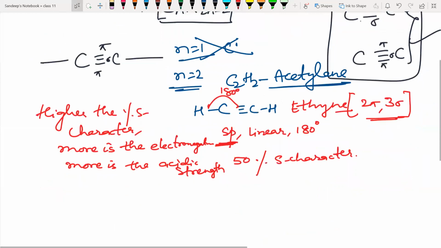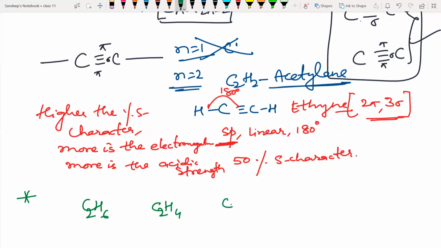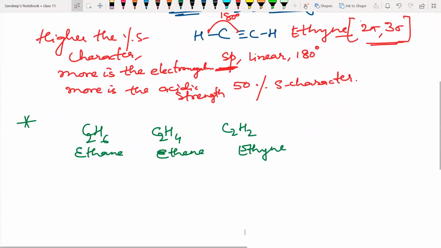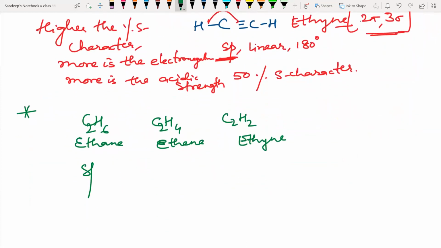Now also keep in mind, this is important for your exam student. C2H6 is ethane, C2H4 is ethene, C2H2 is ethyne. Ethane is sp3 hybridized, ethene is sp2 hybridized, and ethyne is sp hybridized.